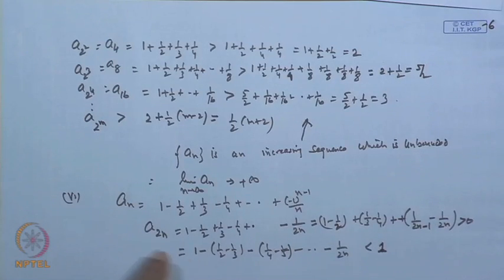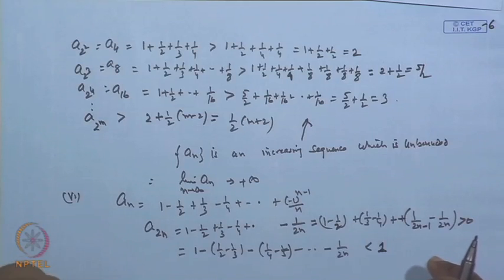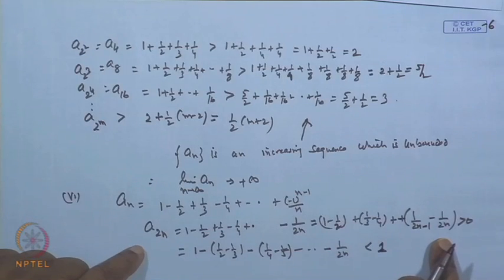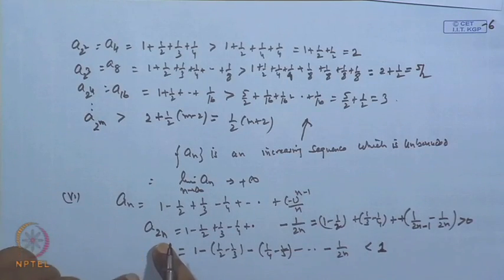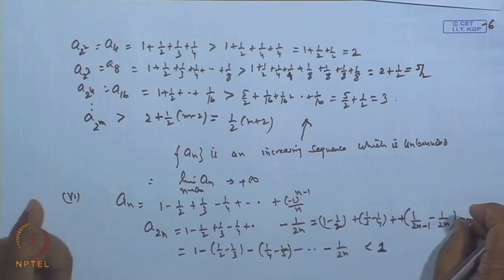Is it not? It means the sequence a_2n, when n is even, is a sequence of positive terms and upper bounded by 1. And not only this, it is an increasing sequence, monotonic increasing, because when n increases, suppose 2n plus 2, one more term will come here, which becomes positive.